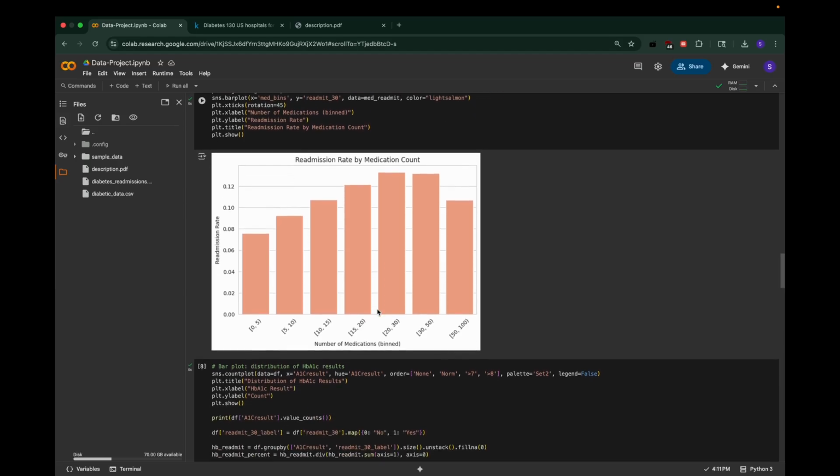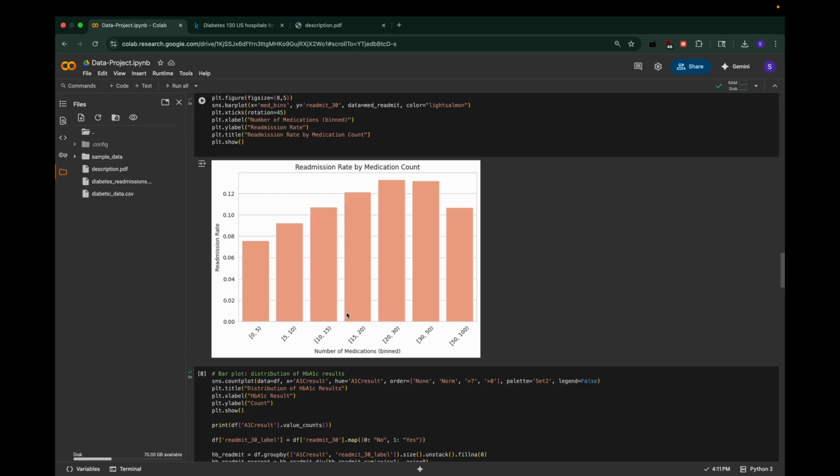I plotted this data, and the chart shows a clear uptick trend from around 7.5 to 12, and then it dies down later on. This pattern suggests that patients receiving more medication, probably due to more complex health conditions, are more likely to be readmitted within the next 30 days.